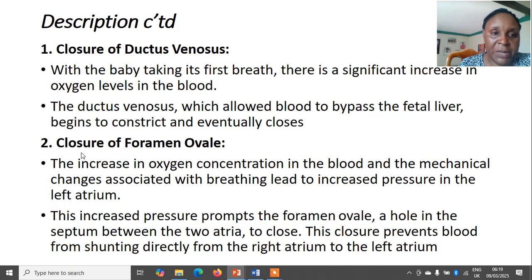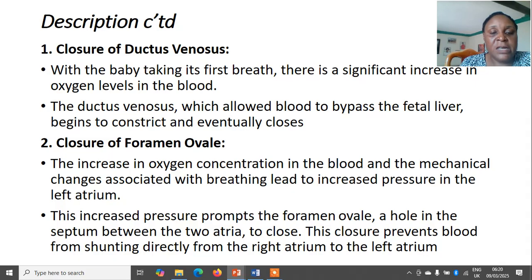And what happens? Closure of the ductus venosus. When the baby takes its first breath, there is a significant increase in the oxygen levels in the blood. The ductus venosus, which allowed blood to bypass the fetal liver, begins to constrict and then eventually closes. The foramen ovale closes.